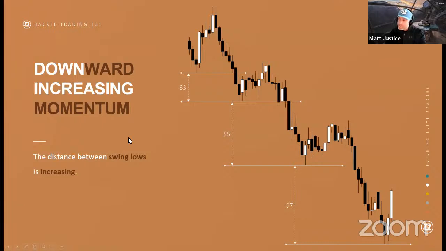Now, downward movement in price, guys, it works the exact same. Once again, one of the most beautiful things about technical analysis is, regardless of a bullish uptrend or a bearish downtrend, the concepts are the same. Instead of tracking R1 to R2 in terms of increasing momentum, in a bearish downtrend, what we want to track is S1 to S2.